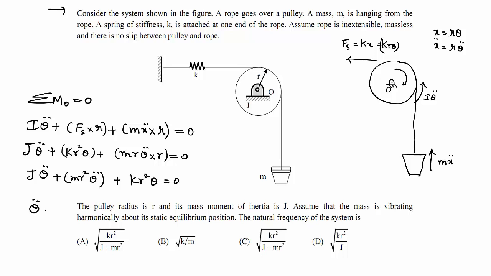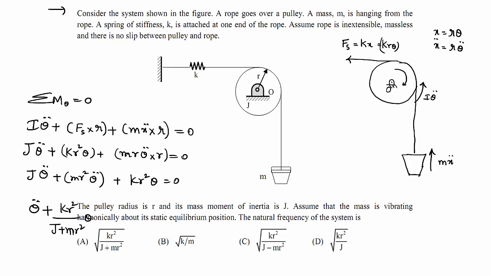So theta double dot plus k r square by (J plus m r square) theta equals 0. So omega n will be equal to root over k r square by (J plus m r square), which is option A. This is the end of the question.